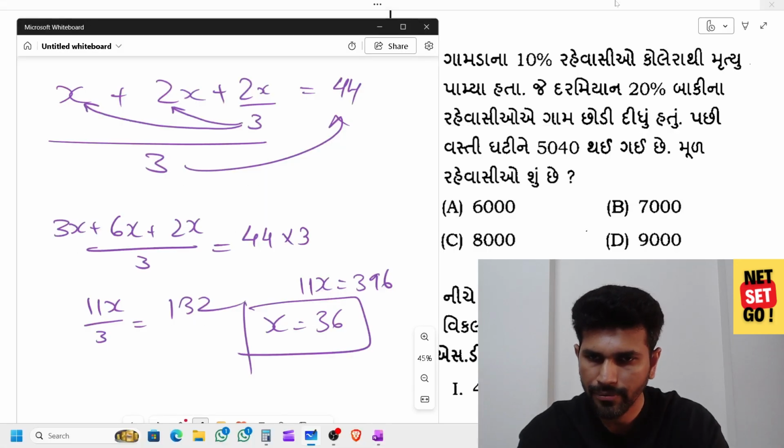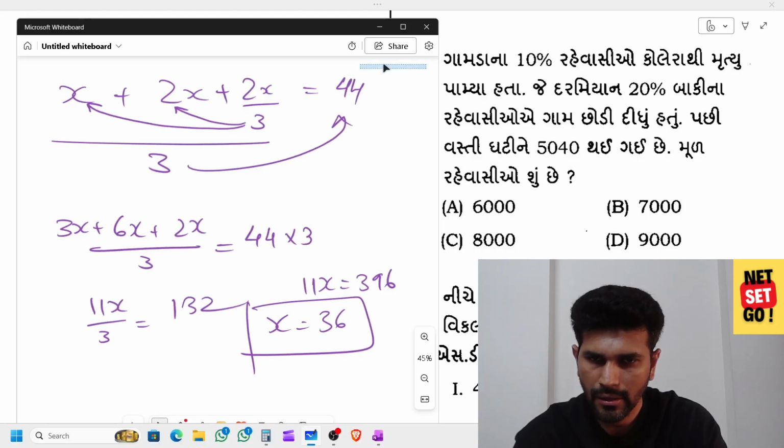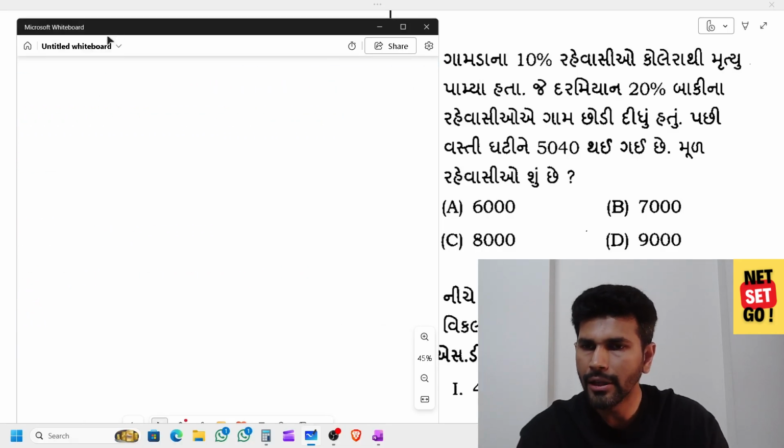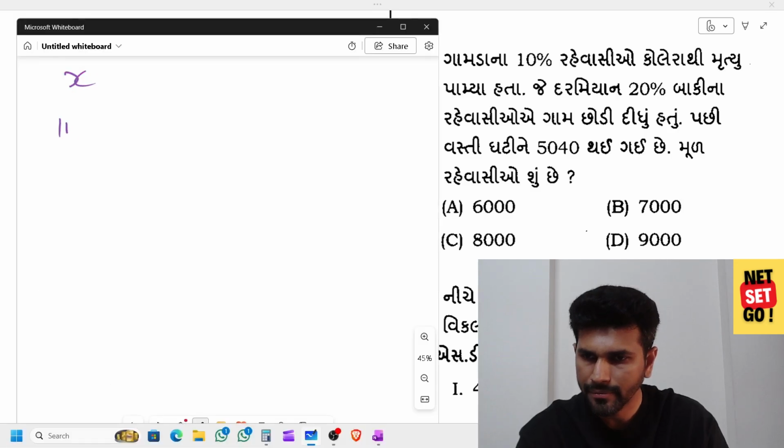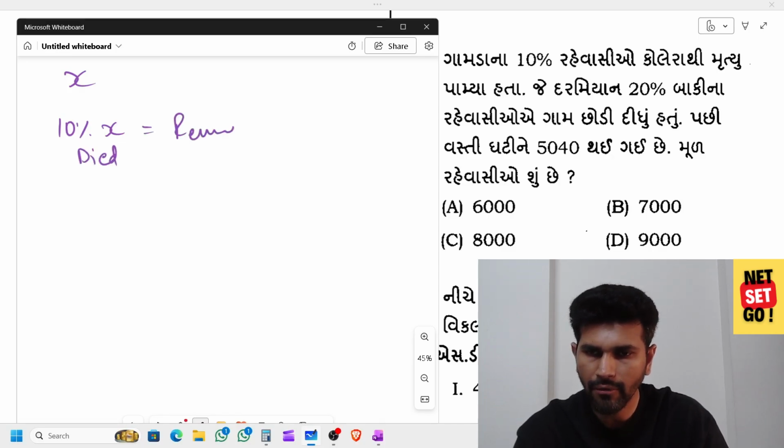So let the original inhabitant be x. 10% of total inhabitants died of cholera. The remaining will be 90% of x, that is 0.9x.